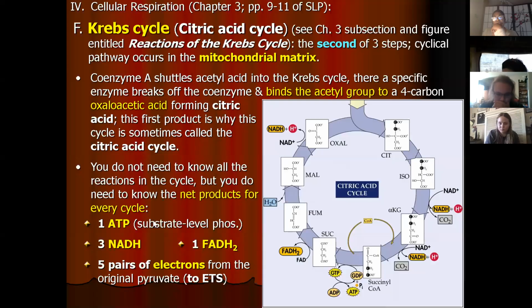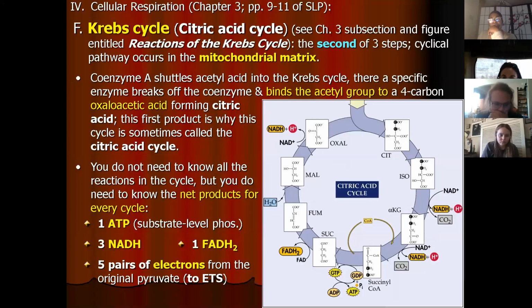Everybody see that? You see it now. This is coming from acetyl-CoA. This, from the original pyruvate, includes the NADH plus H that comes from the prep step, the linking step. And you would need to double this for the total net, right?